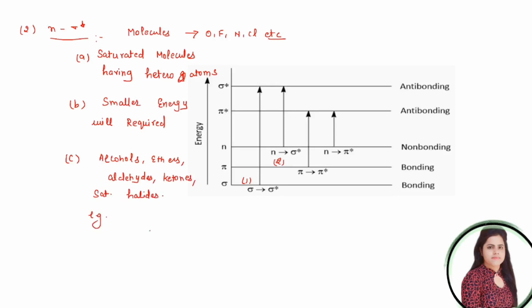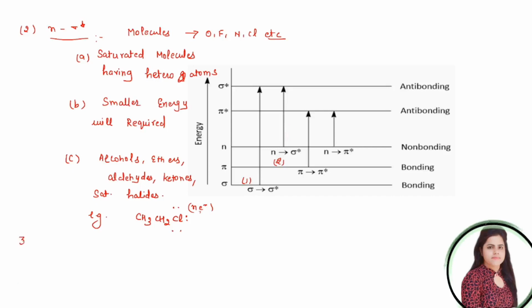For example, ethyl chloride. If I take ethyl chloride, that will also show this kind of transition because we have non-bonding electrons, so they can easily go through this transition, non-bonding to sigma star. I hope now it is understood.